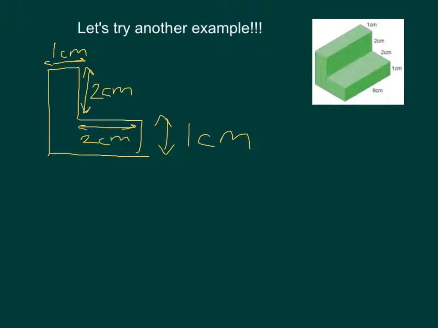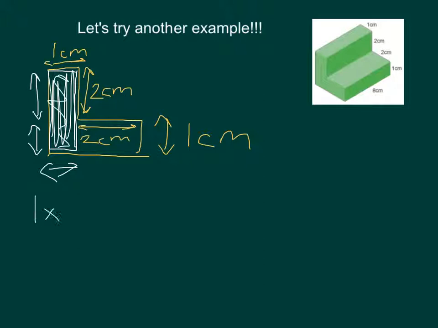Now I would turn that into 2 rectangles. So we've got this rectangle here, which we know to be 1 centimetre by 2 centimetres and another 1 centimetre. So this one here is 1 centimetre by 3 centimetres, so we know that the area of that bit is 3 centimetres squared.